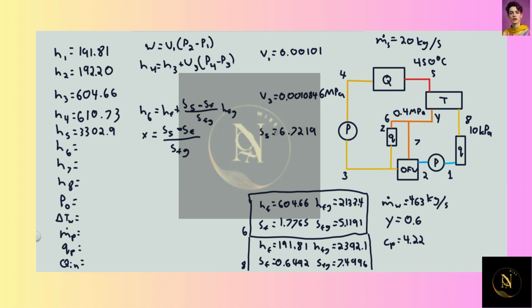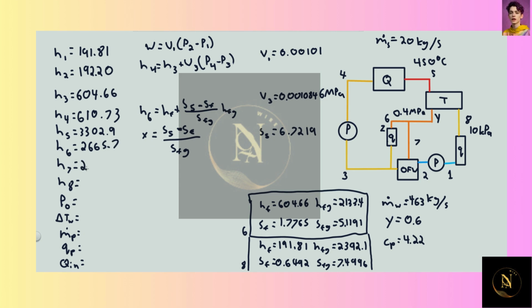Okay, so now all we need to do is plug in our S5 that we got from the superheated steam tables and plug in our various entropies and enthalpies of saturated liquid and vaporization. So start with H6 and we'll just calculate it out, and it will be 2665.7.